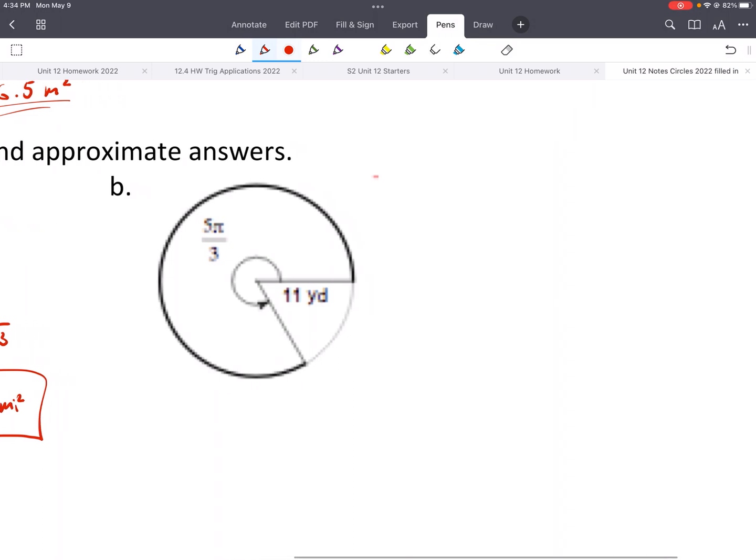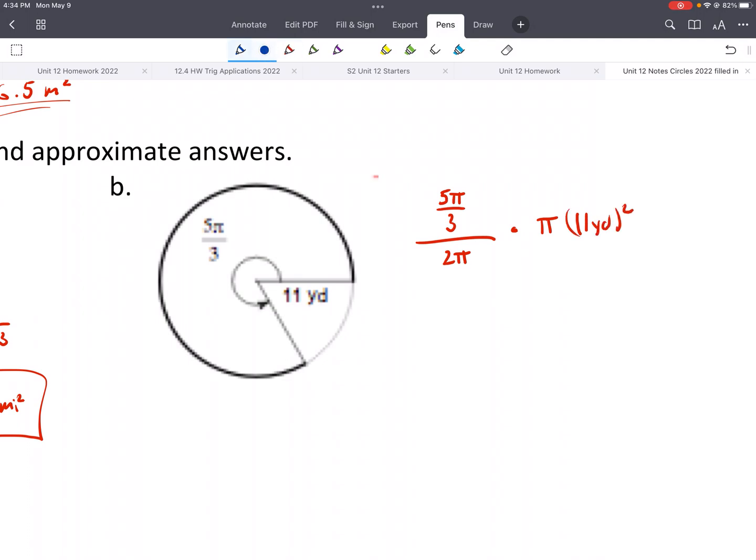Here again we're doing a fractional part, so 5 pi over 3, and we want to know out of 2 pi. Then we're going to multiply it by the area, so pi r squared, which is 11 yards squared.